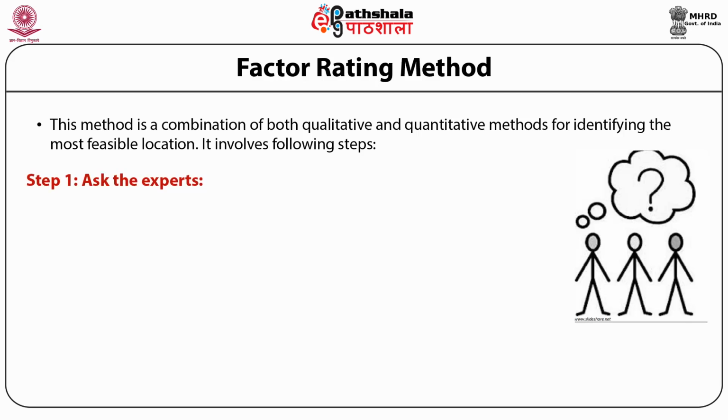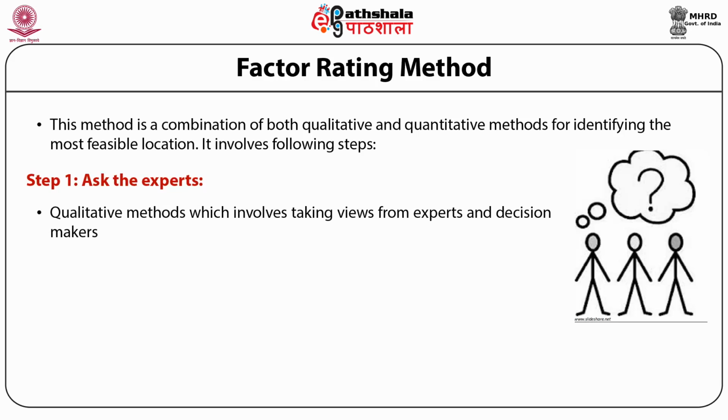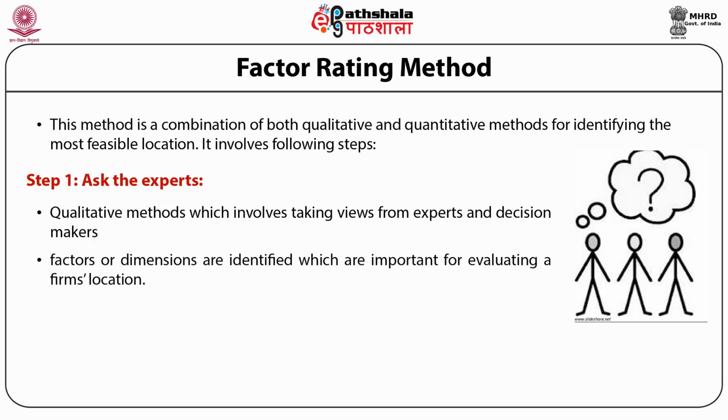Step 1. Firstly, by applying the qualitative method, which involves taking views from experts and decision makers, factors or dimensions are identified which are important for evaluating a firm's location. These factors vary from firm to firm.